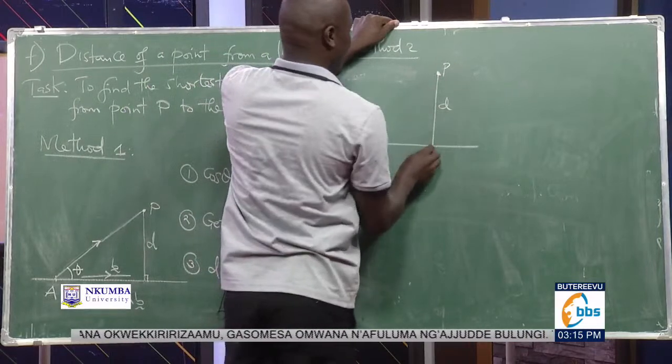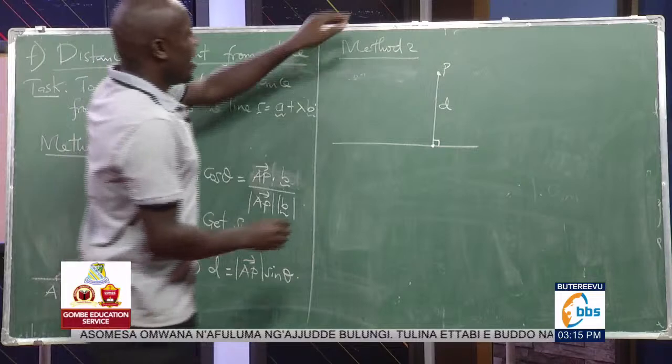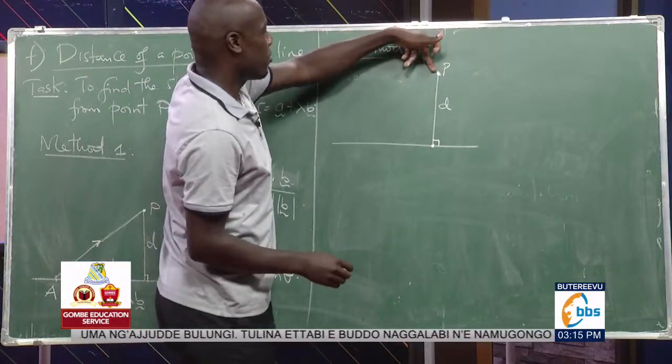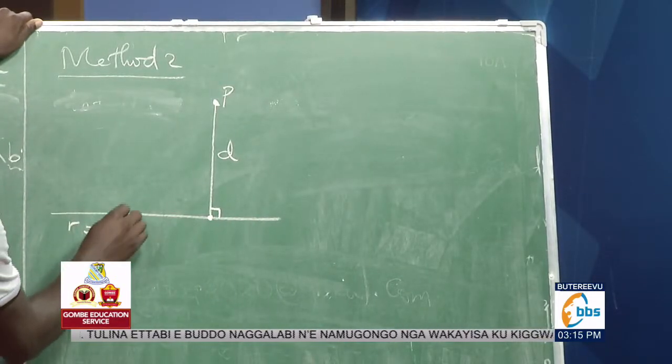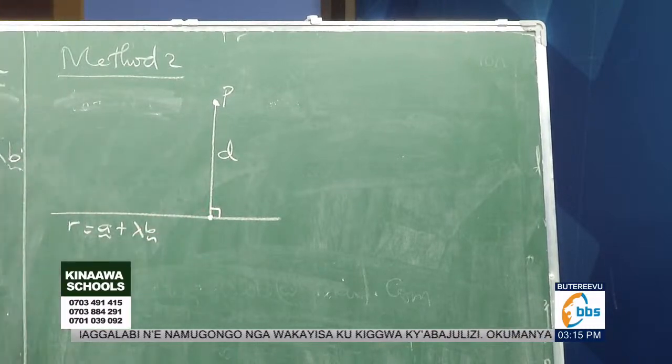You're given P. First of all, find the projection of P in the line. That is the point at which the perpendicular dropped from the point P meets the line r equals a plus lambda b. So we are going to try to find this point here.